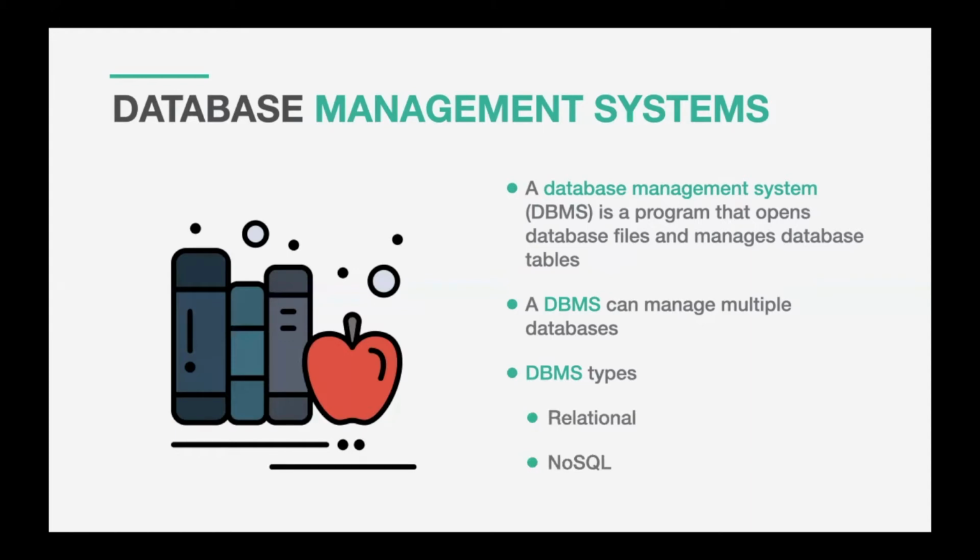NoSQL works on a very different system, sort of a document system where things are more fluid. There are some advantages to using NoSQL. If you are in the web production course this term, we will be learning Firebase and Firestore in that course, and that is a NoSQL database.